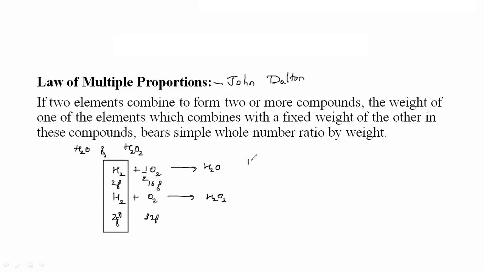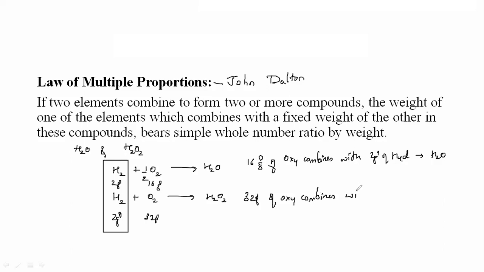So 16 grams of oxygen combines with 2 grams of hydrogen to form water. And 32 grams of oxygen combines with 2 grams of hydrogen to form H2O2, that is hydrogen peroxide.